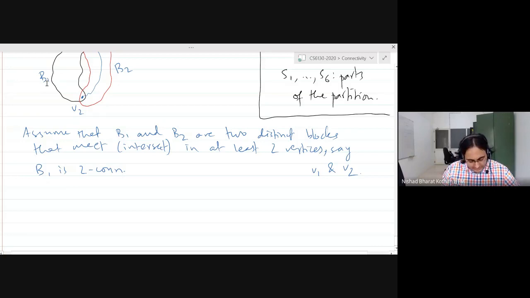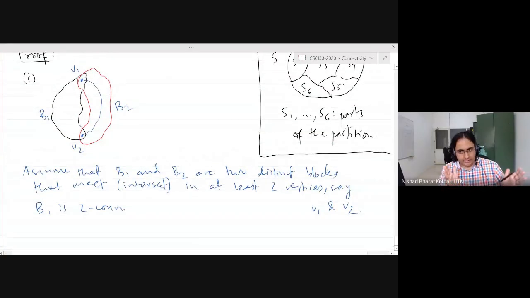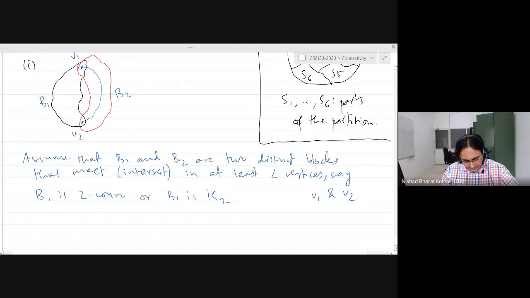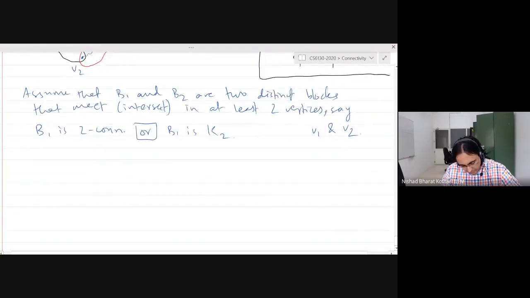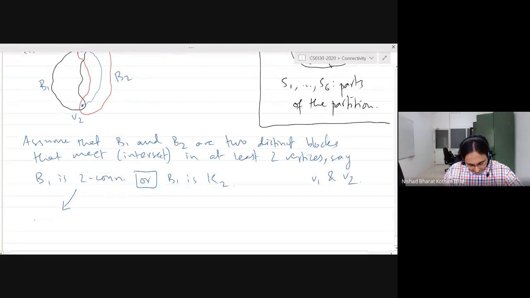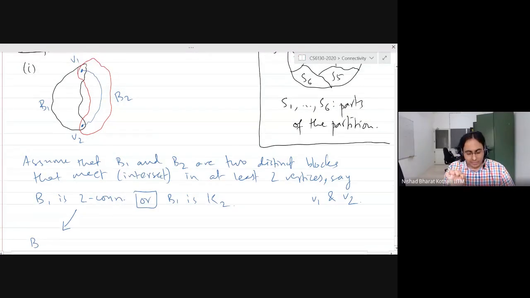So what Samuel is suggesting, we know that B1 is two connected, by definition of a block, or it is just an edge. That's another possibility we need to take into account. So let's look at two possibilities: B1 is two connected, or B1 is K2. Let's deal with the two cases separately. In the first case, if it is two connected, B2 is also a two connected graph, or it is K2. If it is K2, then just add the edge V1, V2.